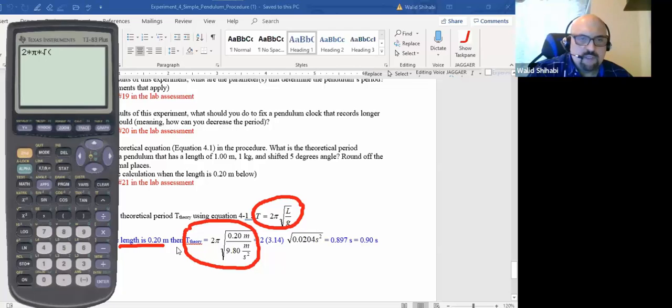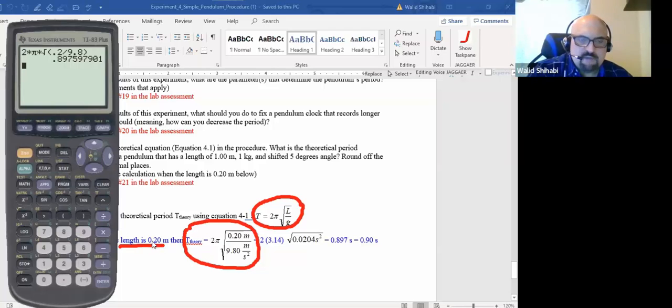We'll input 0.2 divided by 9.8, as you see here. Then we'll close the parentheses and click enter, and you can see the answer is 0.897, as you expect here, which we rounded off to 0.90.